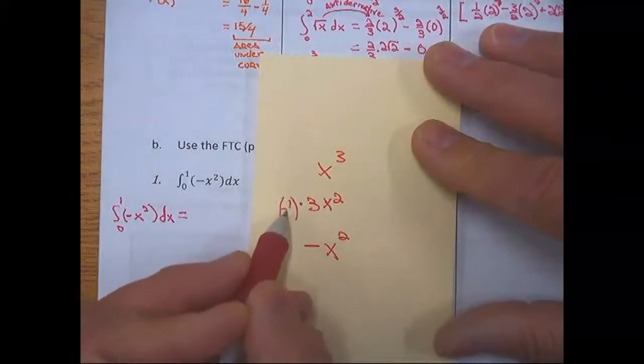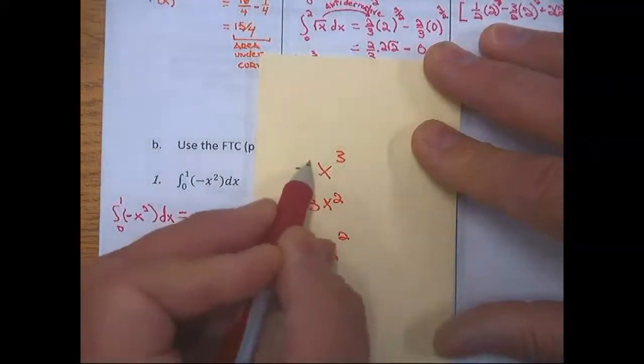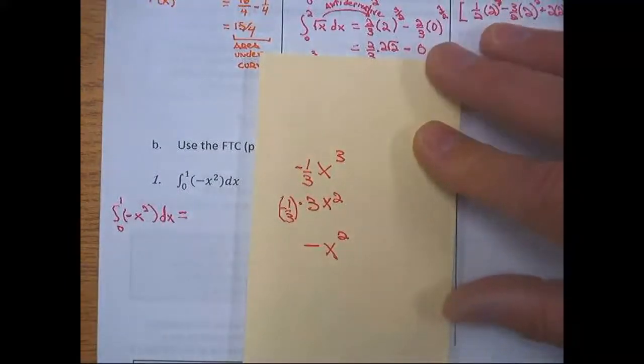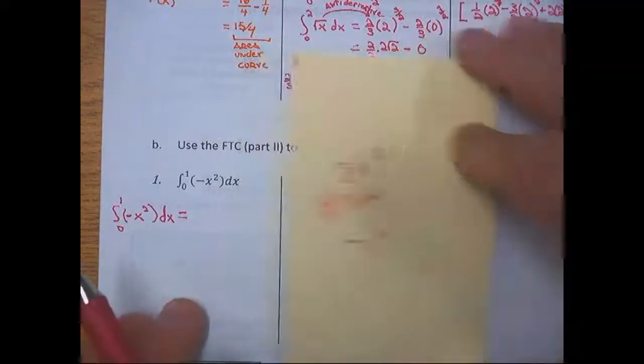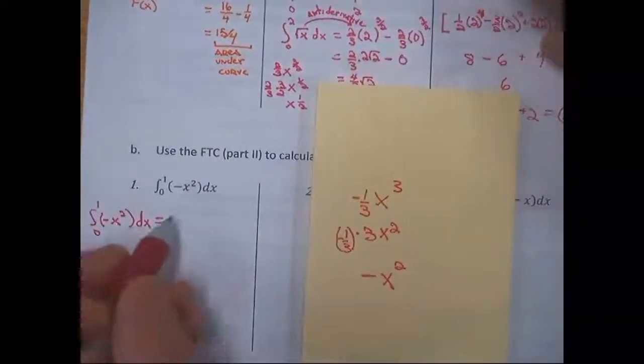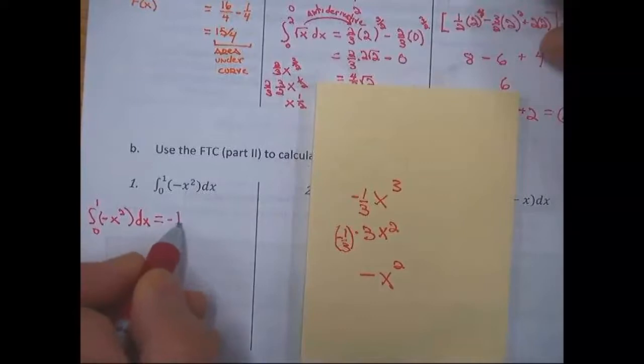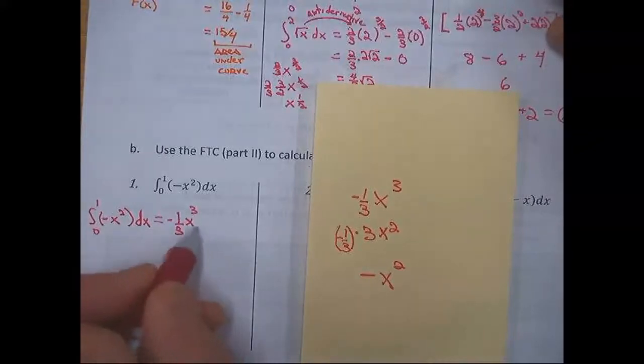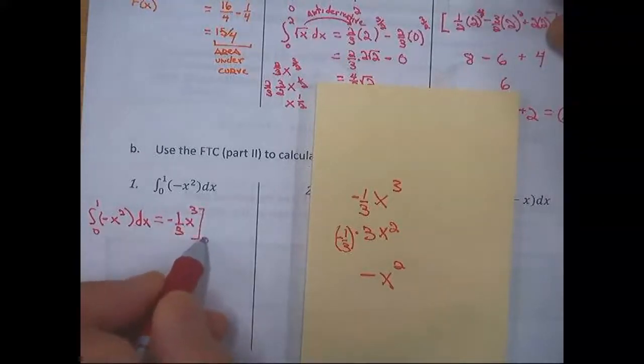Yep. So that means the original was times by -1/3. Okay, so we'd have -1/3 x cubed. And then evaluate that from 0 to 1.